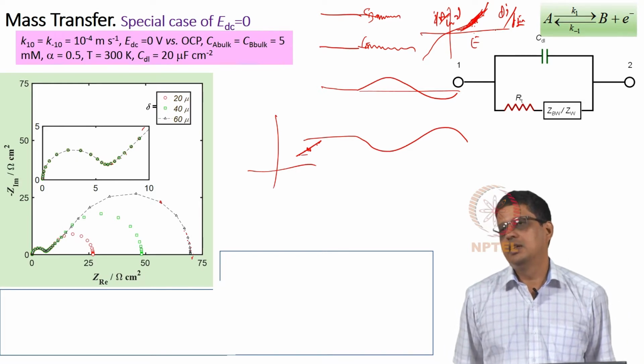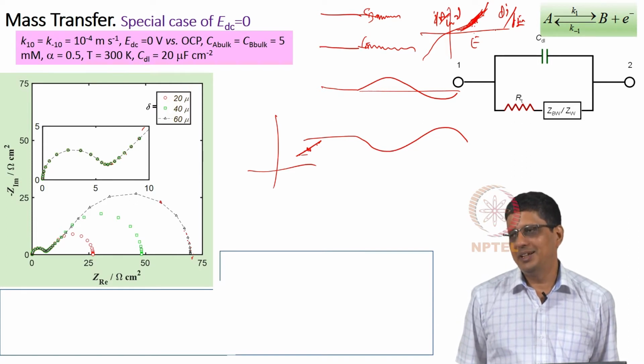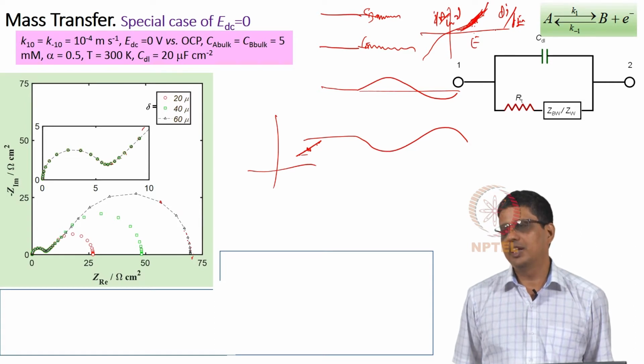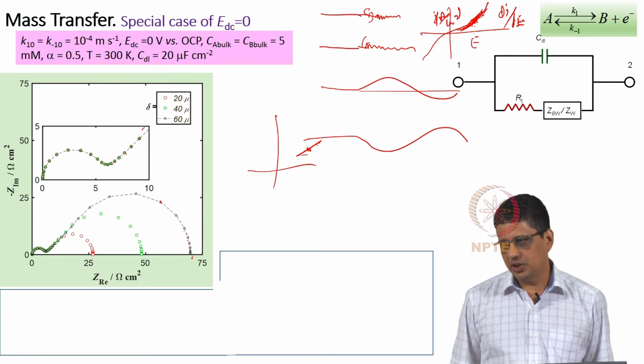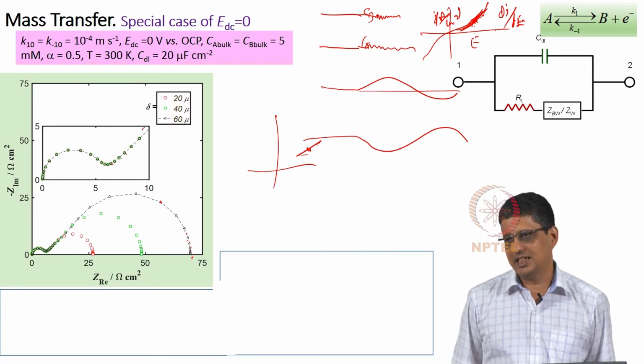Basically, it tells if I want to change the potential by a little bit, what is the resistance offered by the system. If I change the potential a little bit and the change in current is large, you have a low polarization resistance.